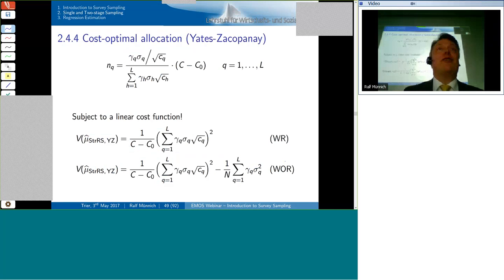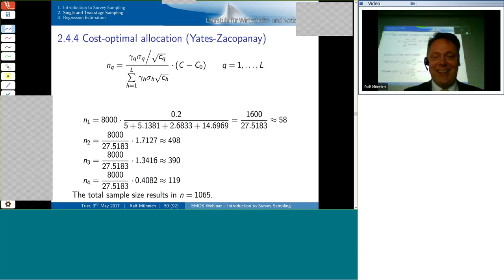Indeed, it would be very interesting taking something like interview lengths. Then you would work with OpenStreetMap. We are currently very close to running a master thesis on that. But then you don't have fixed costs in each stratum, and you have to consider variable costs. Then the optimization problem, of course, is a little bit more sophisticated.